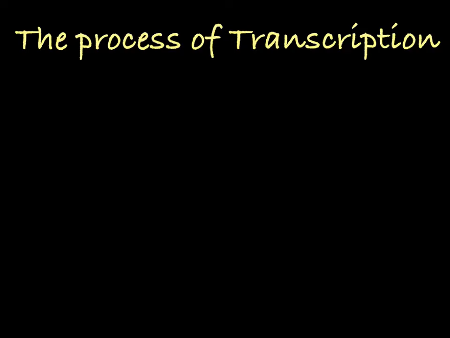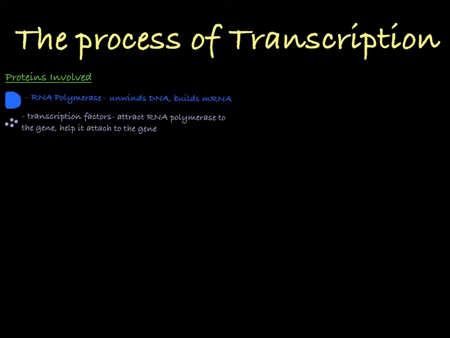So how do we build this mRNA transcript of a gene? We need to use a few types of proteins. RNA polymerase is the enzyme responsible for unwinding the DNA and building the mRNA. And proteins called transcription factors are responsible for promoting transcription of a gene by recruiting the RNA polymerase to that gene.